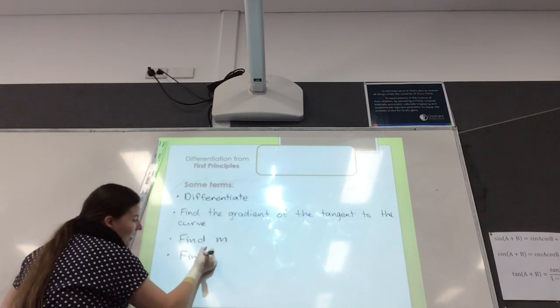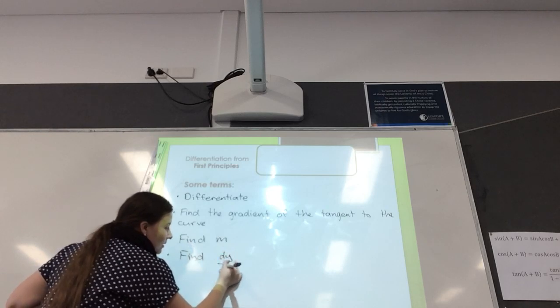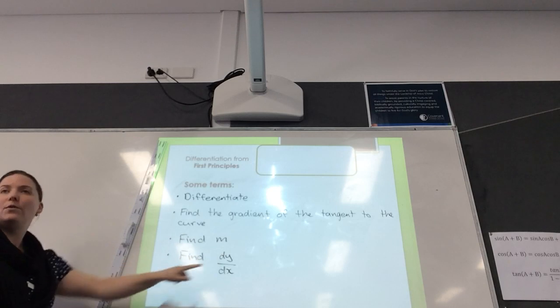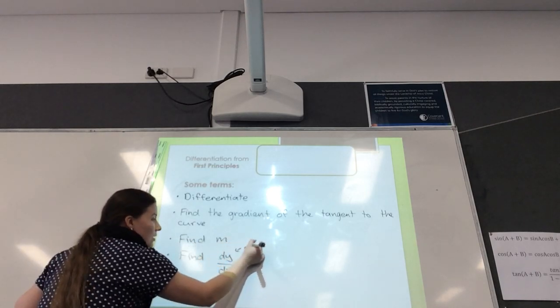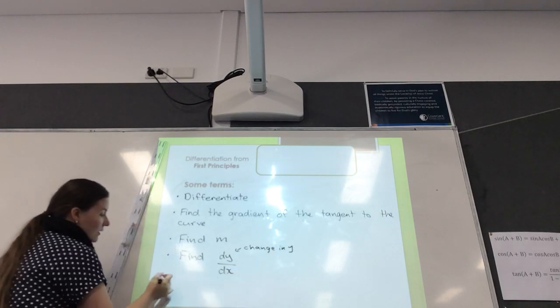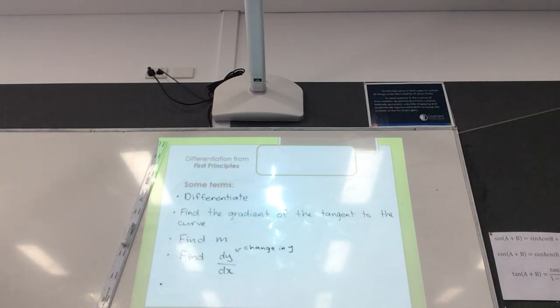You might be asked to find, remember how we talked about the change in y over the change in x, and we wrote it as the delta? We actually usually write it as dy over dx. And this means change in y, change in x. It's a d, it's not a delta there, but it means representing change.